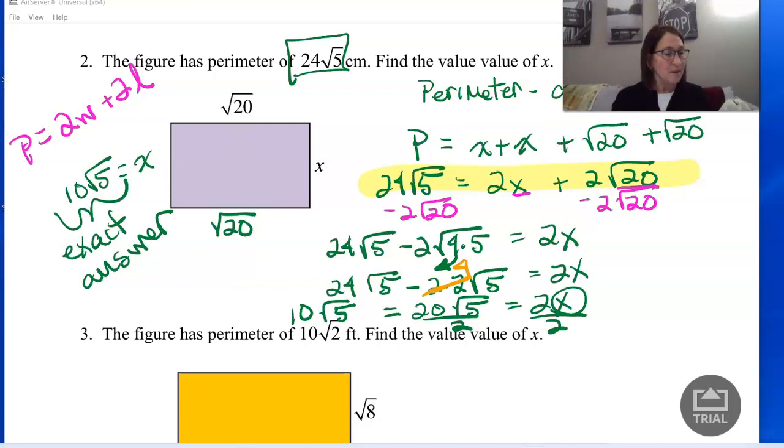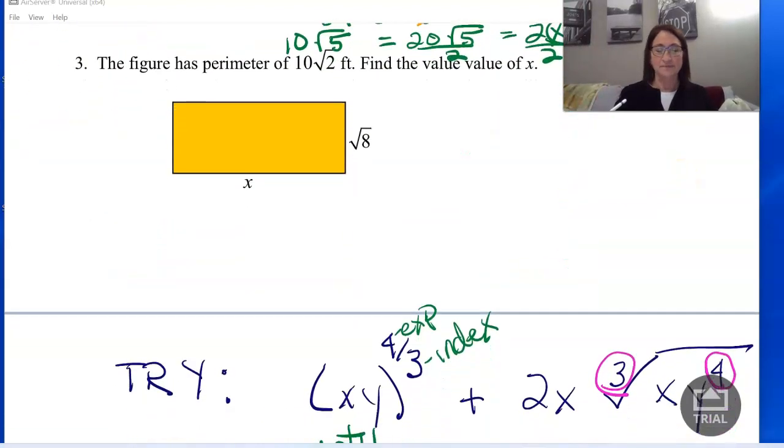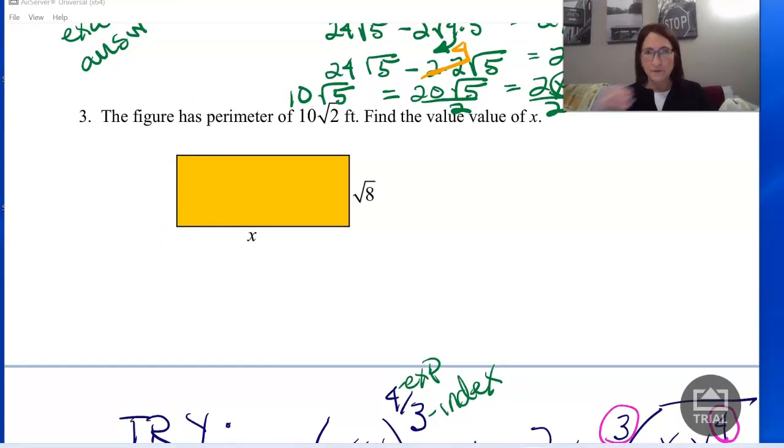All right, let's do this next one. So for this one, they're giving us a perimeter of 10 root 2, find the value of x. Okay, so it's really very much the same. So our perimeter is 2 widths plus 2 lengths.